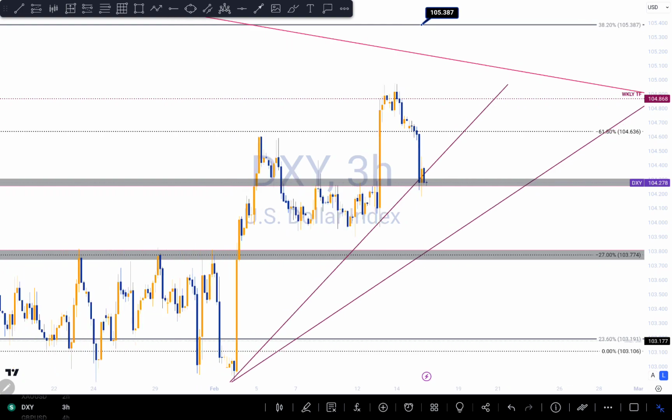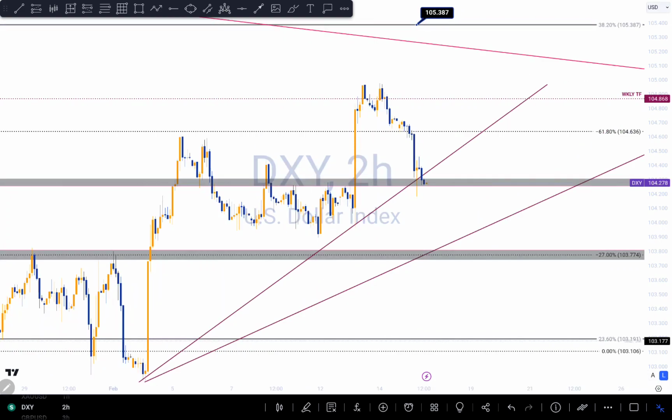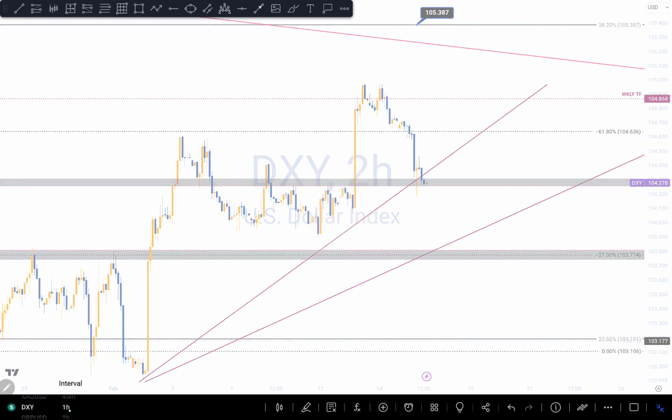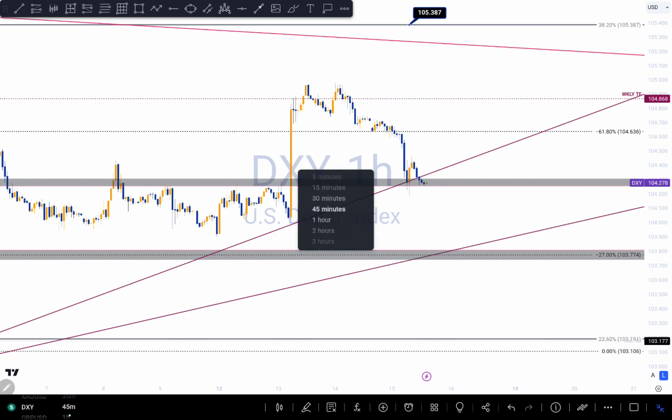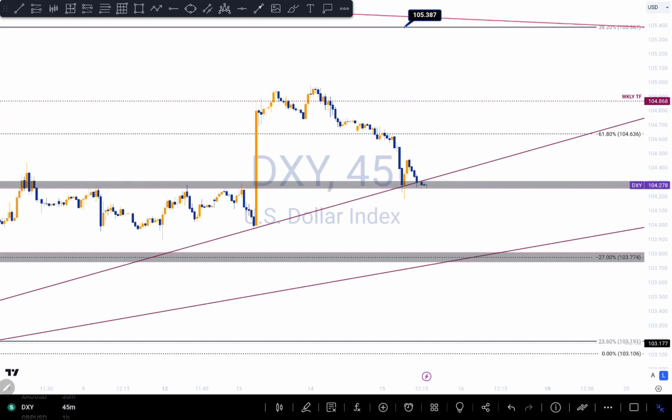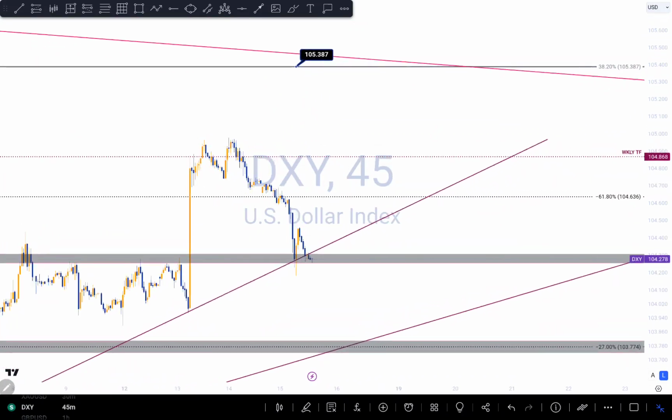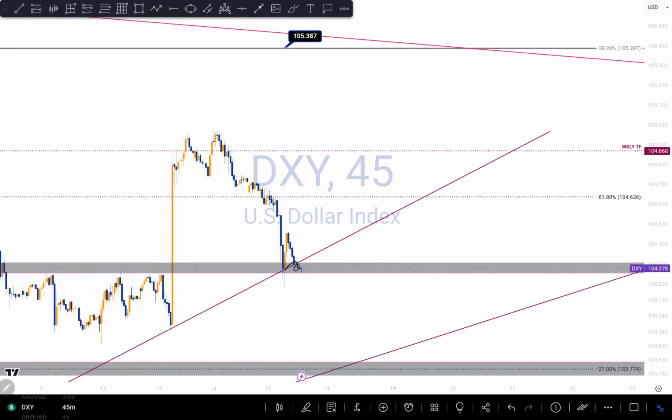So I would prefer us to be patient to see how the market goes. Let's go to a smaller time frame and see. Let's go to 1 hour and let's go to 45 minutes. So as you can see, like I said, it's just reacting around this area right here. So I see momentum of it continuing to push to the upside.